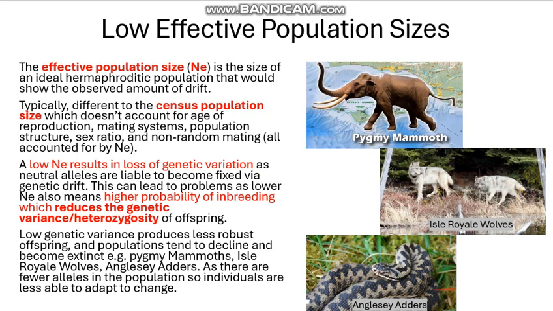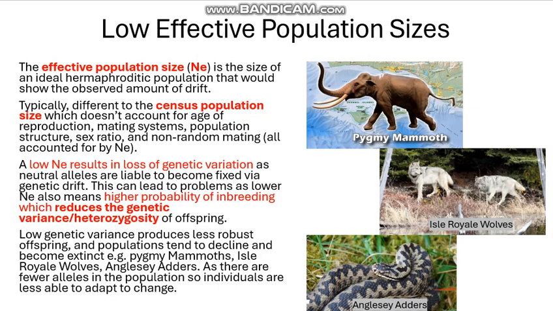So the census population size is an aggregate that doesn't consider these details. Effective population size accounts for age of reproduction, mating systems, population structure, sex ratio, and non-random mating.